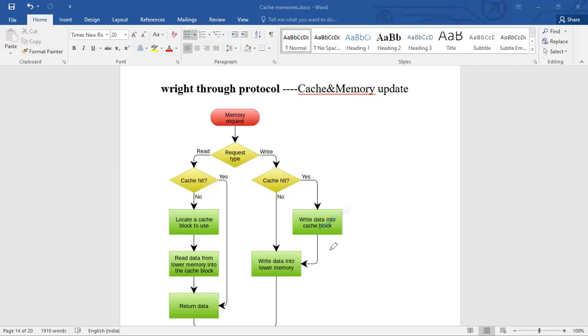That data is also written onto the lower memory, meaning internal memory, the hard disks or internal memories, whichever we are using. So this decides that the cache gives that information to the lower memory. If the cache doesn't have the data, it goes directly to the main memory.